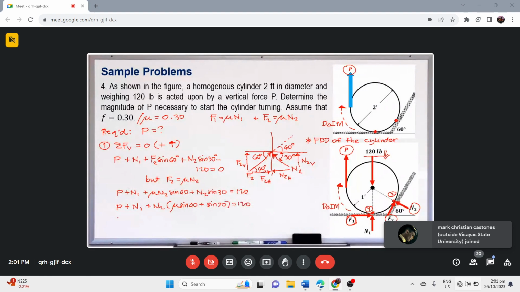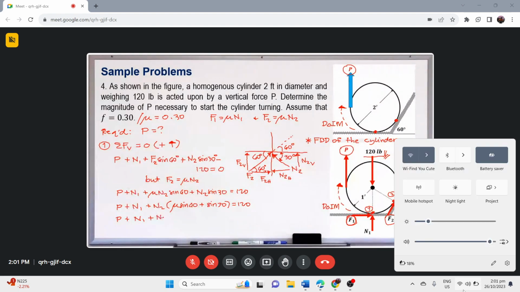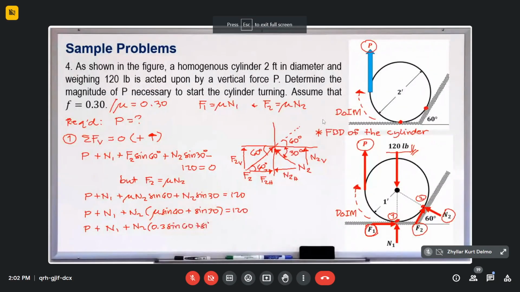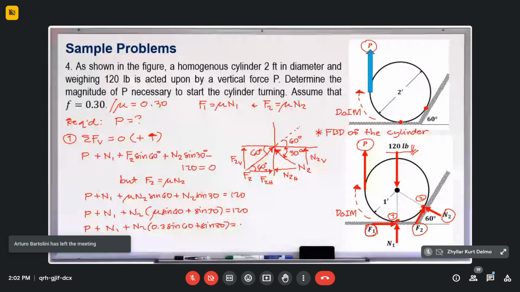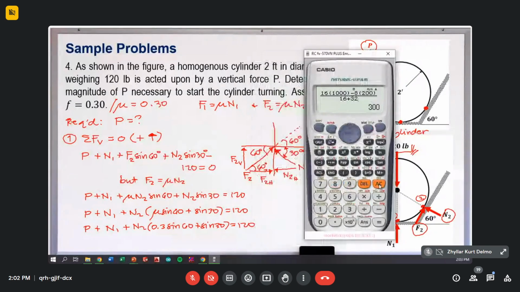Then, ato i-simplify ang coefficient sa N2. So, this is plus N2 times 0.3 sine 60 plus sine 30 is equal to 120. Now, atong i-simplify ang coefficient sa N2, we have 0.3 sine 60, then plus sine 30.